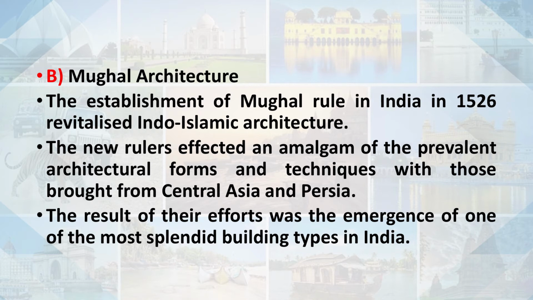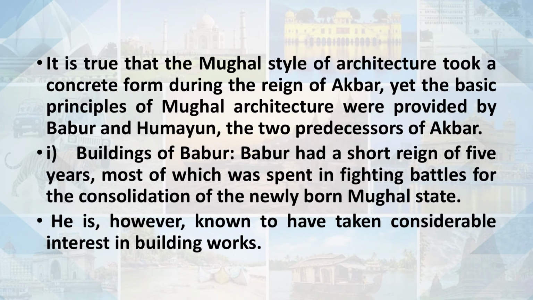The result of their efforts was the emergence of one of the most splendid building types in India. It is true that Mughal style of architecture took a concrete form during the reign of Akbar, yet the basic principles of Mughal architecture were provided by Babur and Humayun, the two predecessors of Akbar.